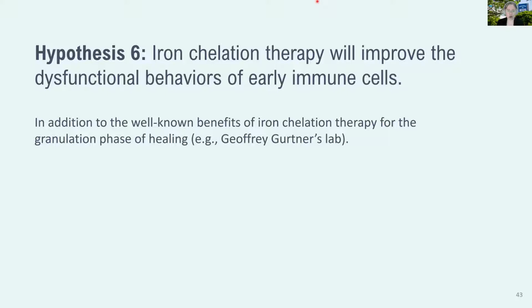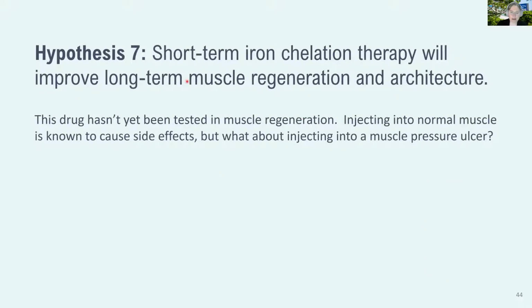Okay, so we have this hypothesis that iron chelation therapy, a drug that binds iron, is going to get the immune system to act a little more normal. Hypothesis 7: even if we give the iron chelation therapy in the short term, the impact is going to be a long-term benefit to the regeneration in the tissue architecture.